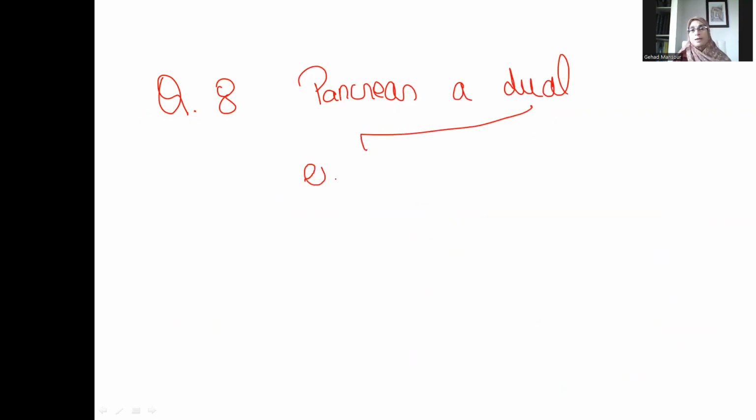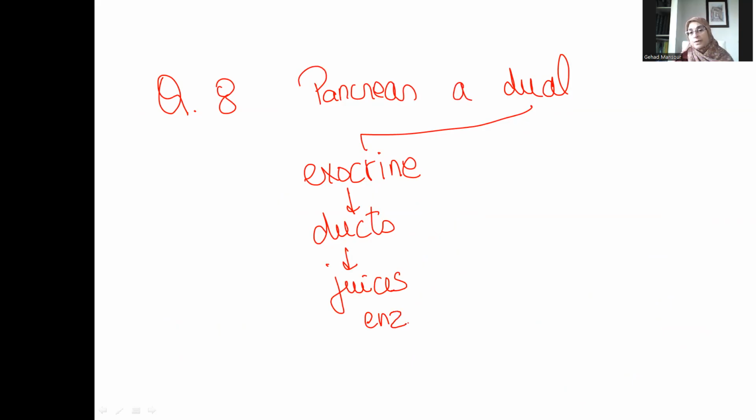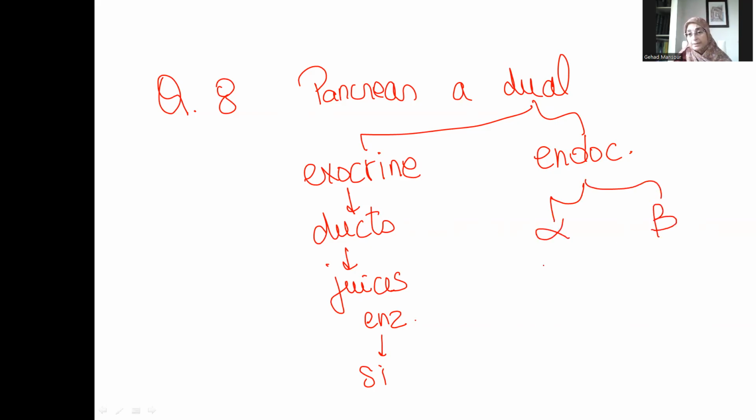It is a dual gland because it has an exocrine part that has ducts, and those ducts secrete their digestive juices that contain enzymes to reach the small intestine where they act, and it has an endocrine part, and the endocrine part consists of alpha cells and beta cells. The alpha cells secrete glucagon hormone, and the beta cells secrete insulin hormone.